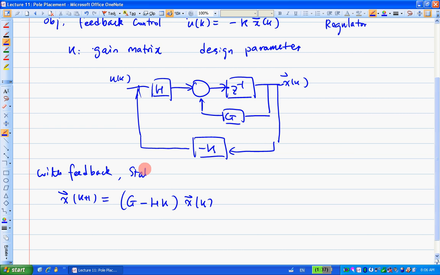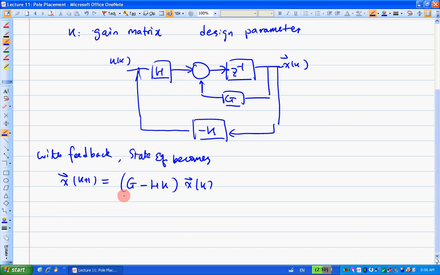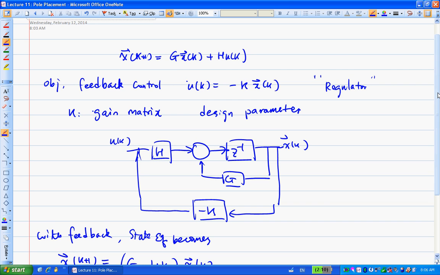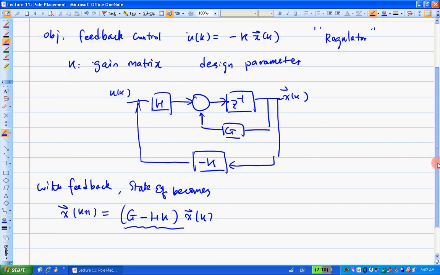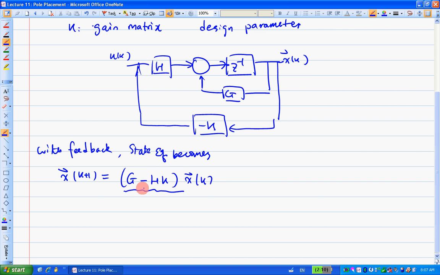So the state equation, this is the key here. And this part here, we call the system matrix. Originally, G is the system matrix. Right now, with the feedback, this one is.